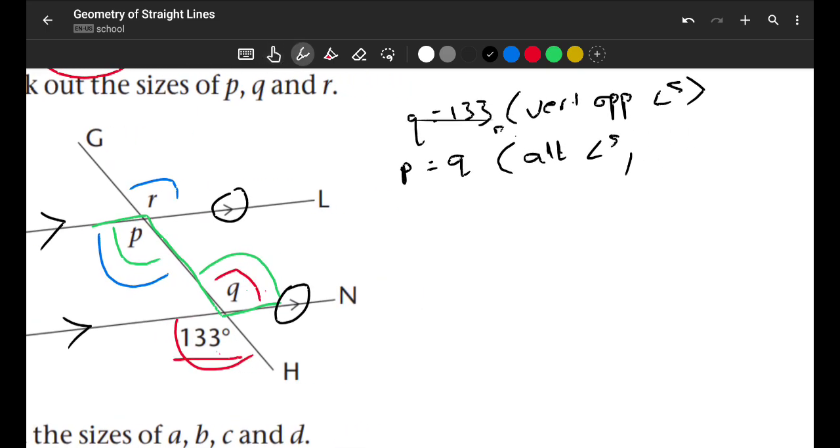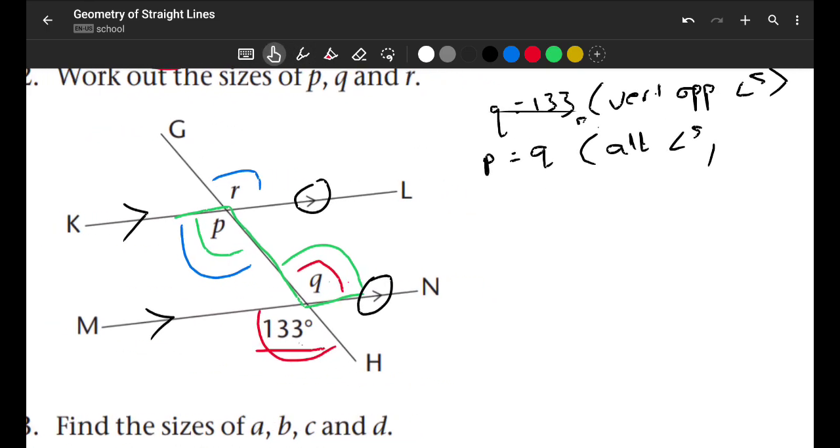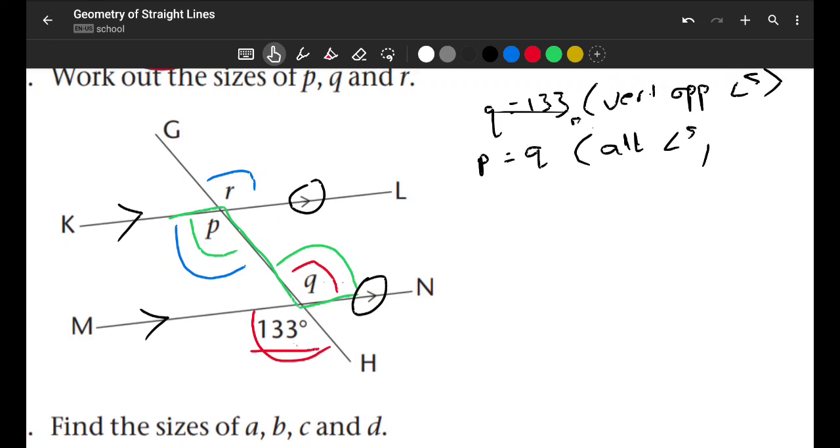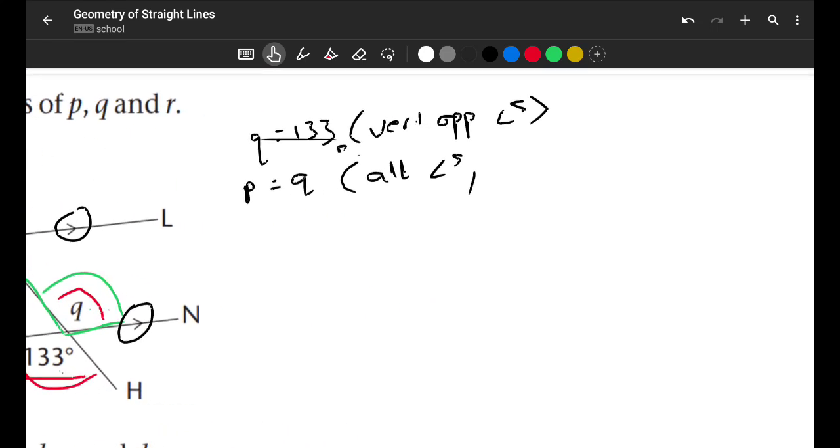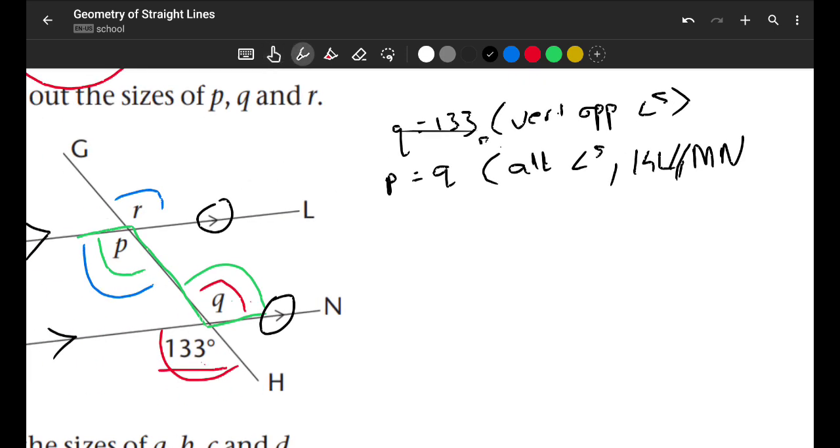So P is equal to Q, parallel lines. Which lines are parallel? KL and MN. Sorry, wrong thing. KL and MN, parallel, right? Then I tell you that P is equals to 133 degrees, right?